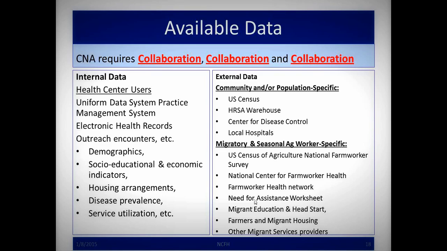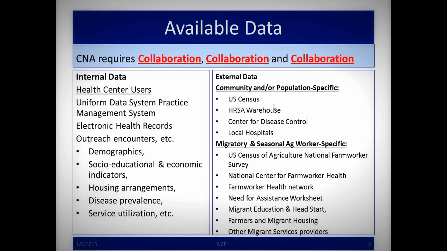So for that, if we are talking about migratory and seasonal workers, you can look, for example, at the USDA Census of Agriculture or the National Farm Worker Survey, the National Center for Farm Worker Health, Farm Worker Health Network, locally, your public housing, public education, migrant housing, migrant education, migrant Head Start, any other social services provider that is targeting the farm worker population.